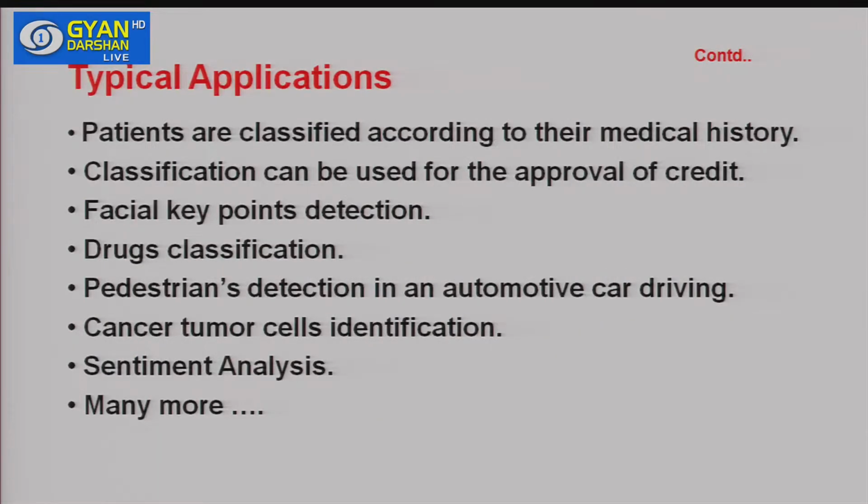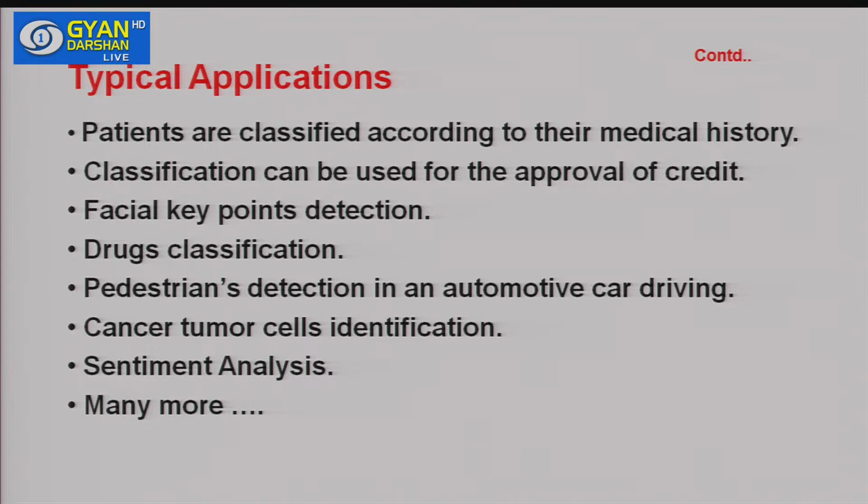Another typical application, we have many applications. We can classify patients according to their medical history. Classification can be used for approval of credits. We can have facial key point detection and drug classification.